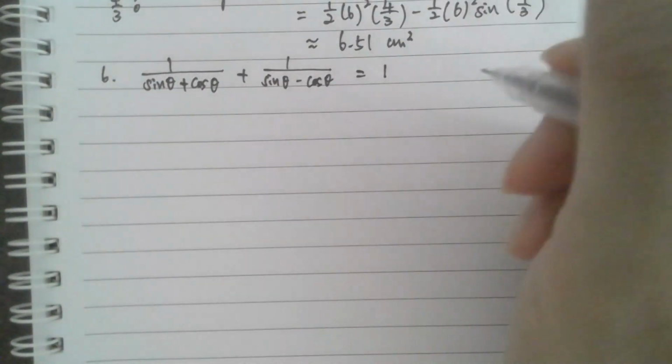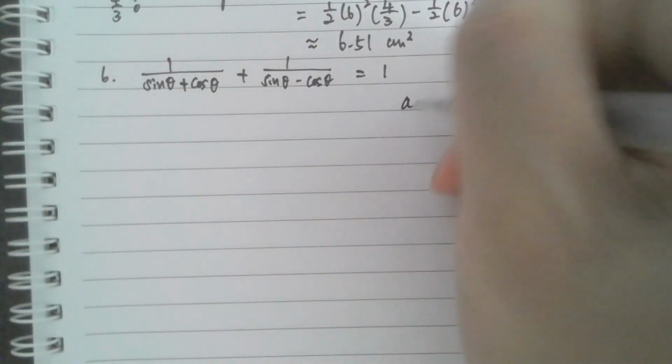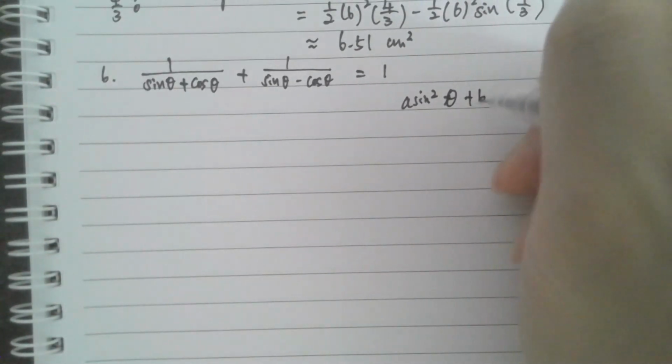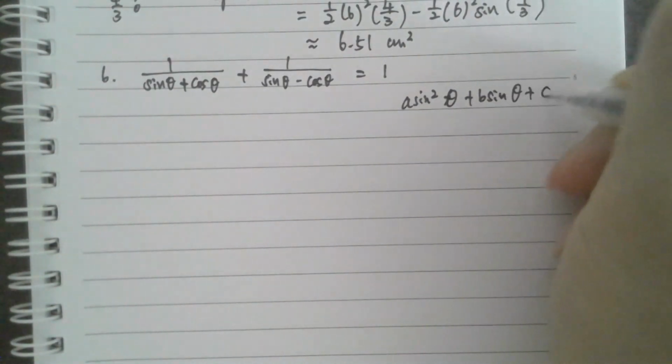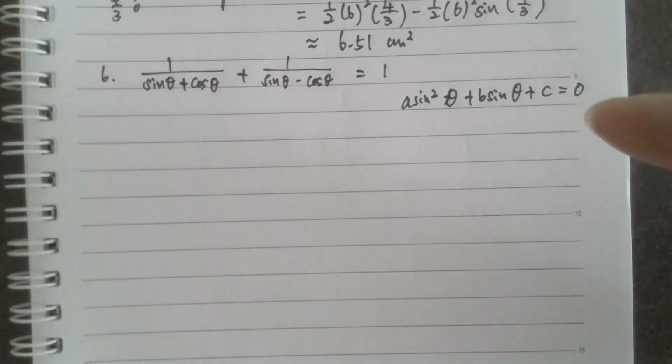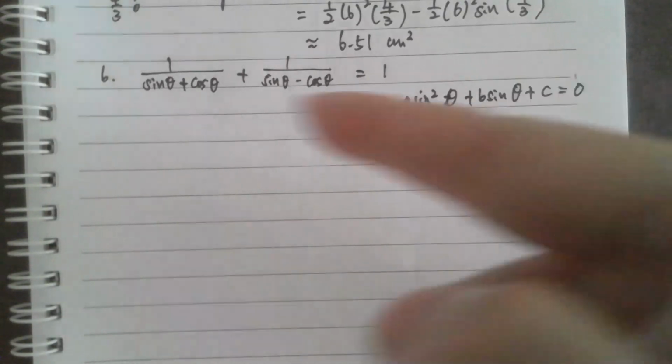And this may be expressed in the form a sine squared theta plus b sine theta plus c equals 0. So that's the objective.